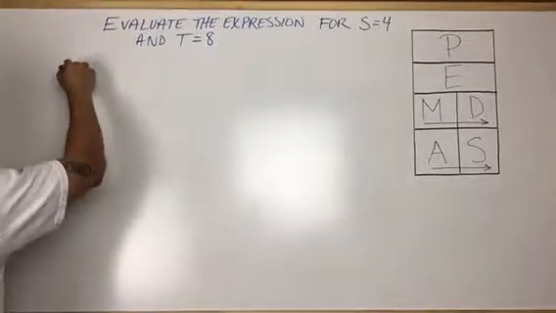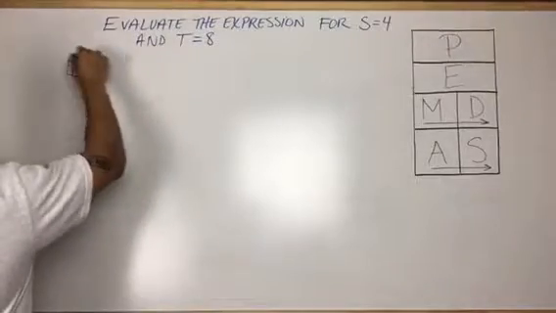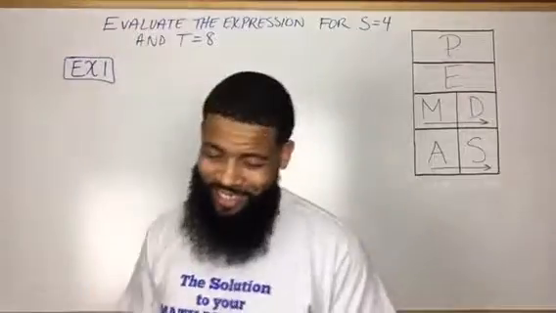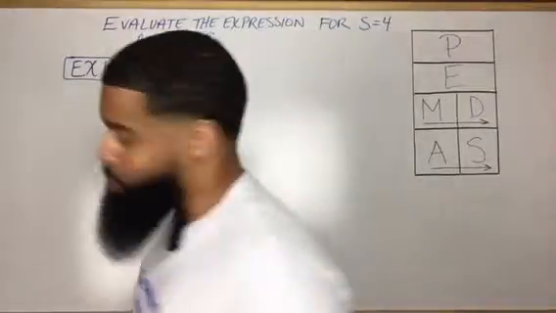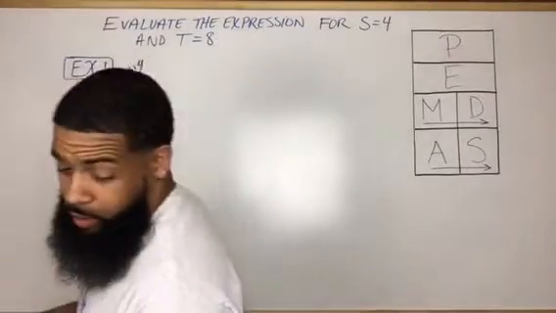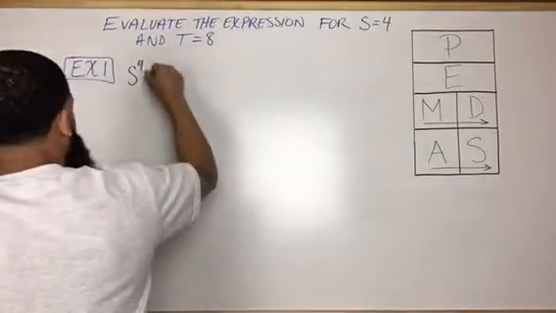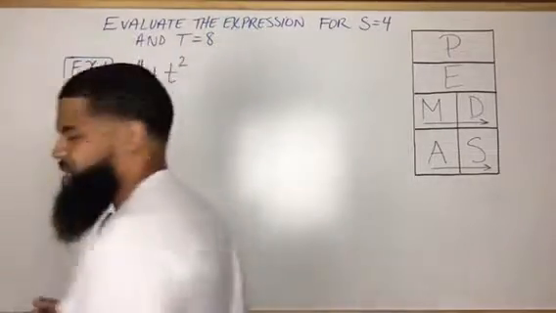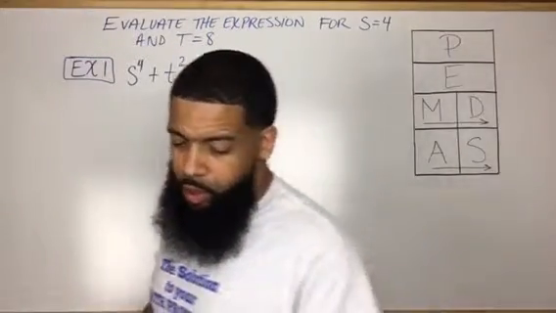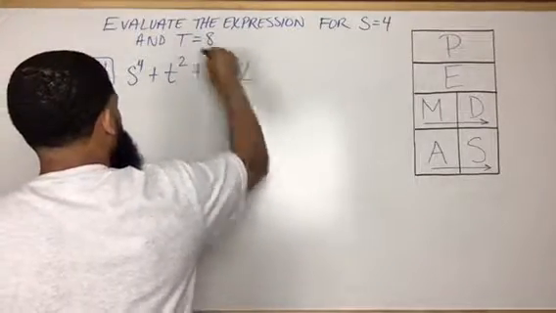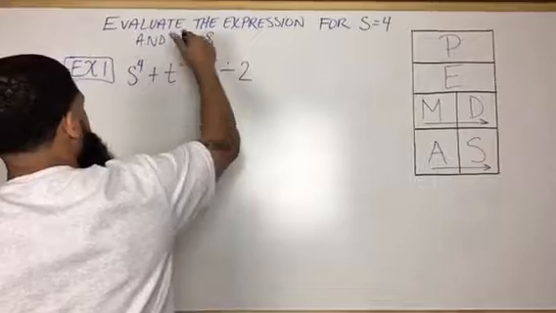All right. Example 1. Let's say I have S to the 4th power plus T to the 2nd power. I'm going to use lowercase t while I'm writing them out. Plus S divided by 2. And let's go ahead and make this lowercase t just to be consistent.